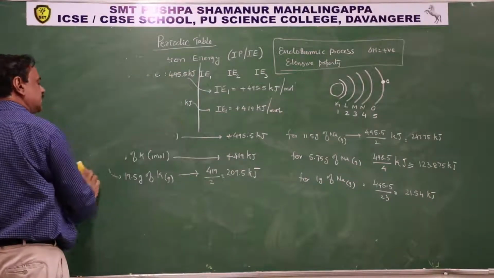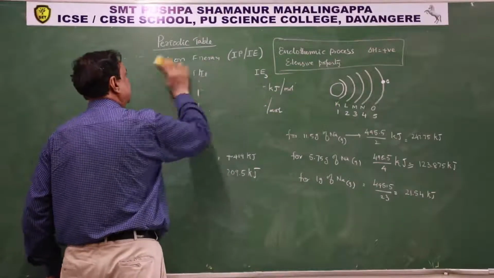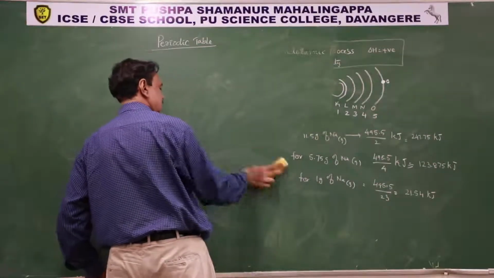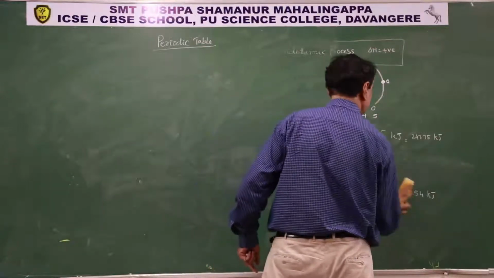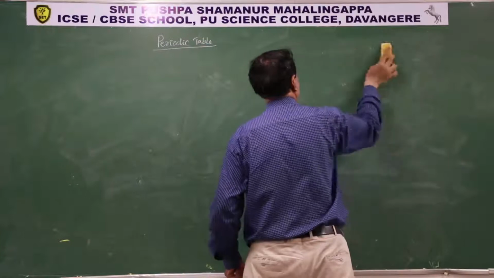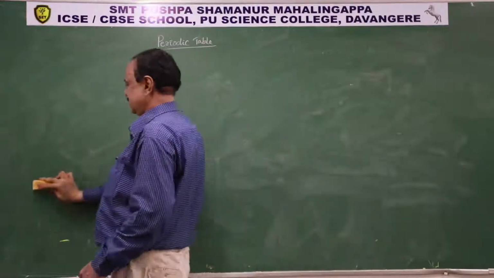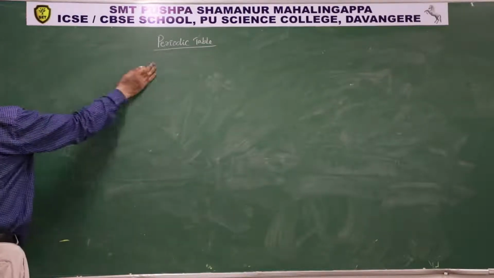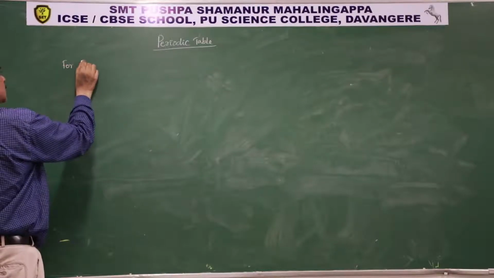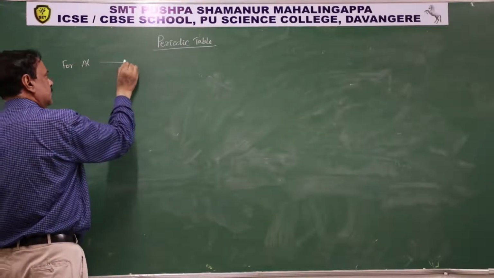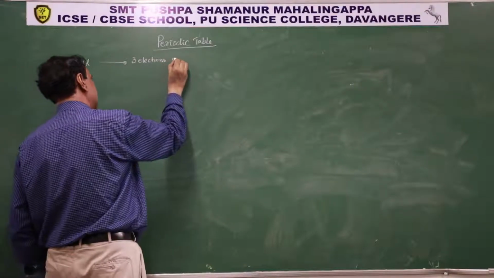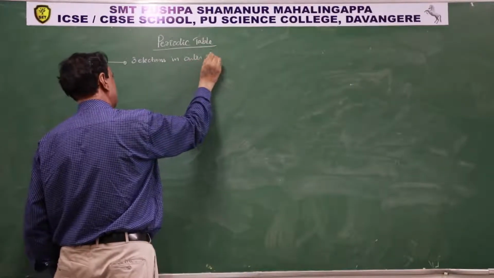Now, what are the various factors? For example, in case of aluminium, how many electrons are there? 3 electrons in the outer shell.